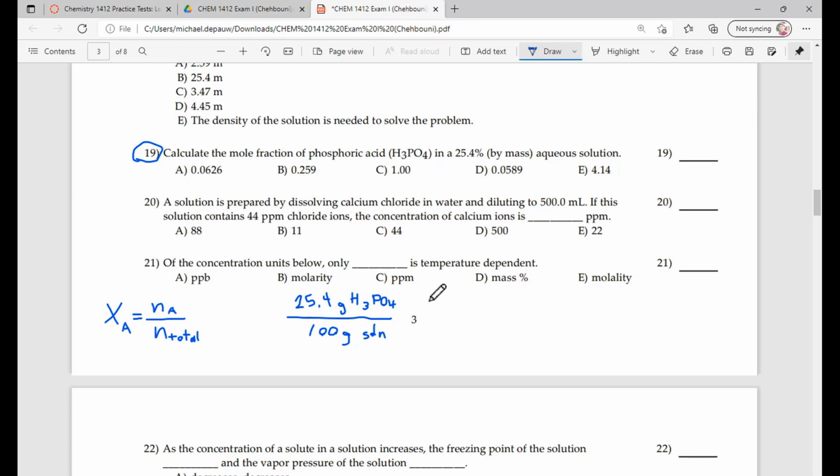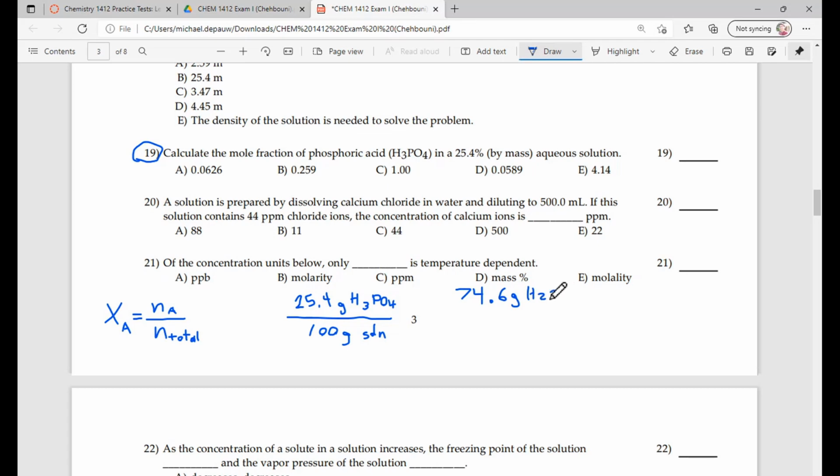How much water do we have? Yeah, 74.6, because if you have 100 grams total of solution and 25.4 of it is the phosphoric acid, 74.6 of the grams is water.